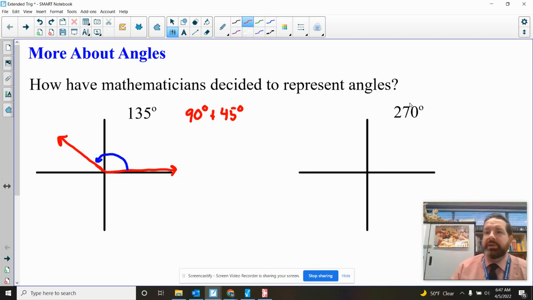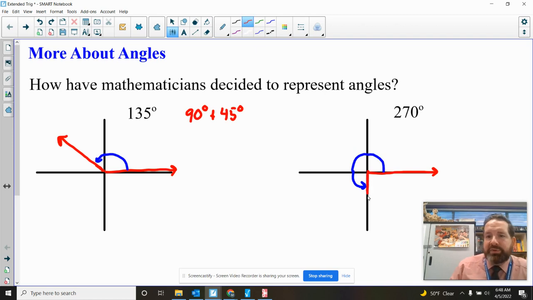Let's go again. Here's another example, 270 degrees. Same thing, start on the positive x-axis. Now 270 degrees, that's a 90, a 90, and a 90. So that's 90 degrees, another 90 for 180 degrees, and another 90 for 270 degrees.